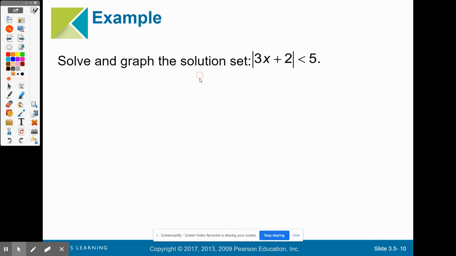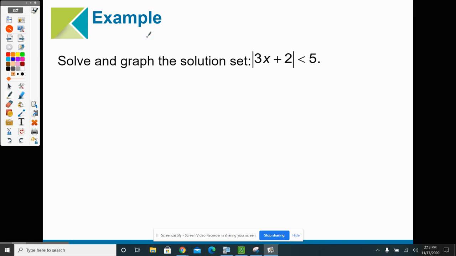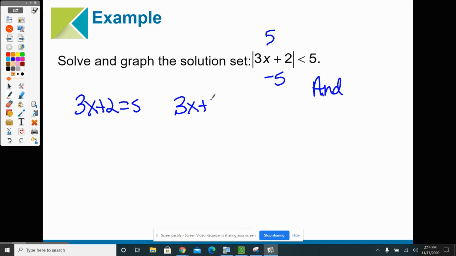So what you're looking for here is the type of equation, and then you will probably graph it before you write the answer. So this is a less than, it's an and, it's going to be open circle because there's not equal. Pretend it's an equal sign, and that would be a 5 and a -5. So my 2 equations are 3x plus 2 equals 5, 3x plus 2 equals -5, and that will give me my boundaries. Subtract 2, 3x equals 3, and x equals 1 as one of the boundaries.